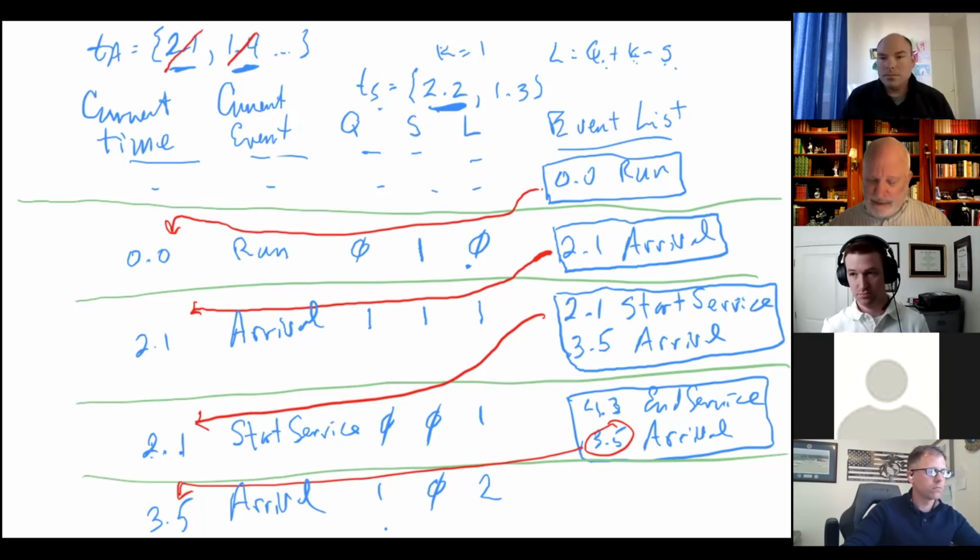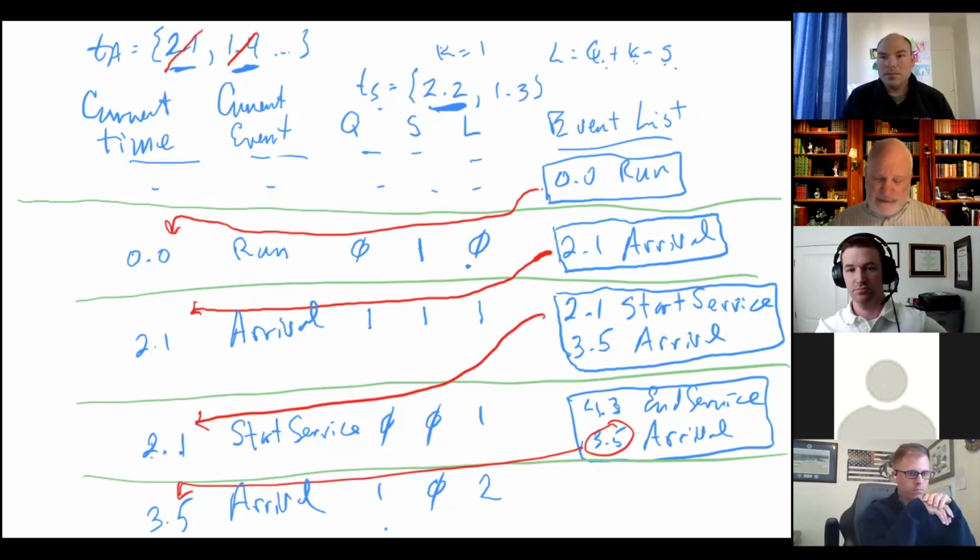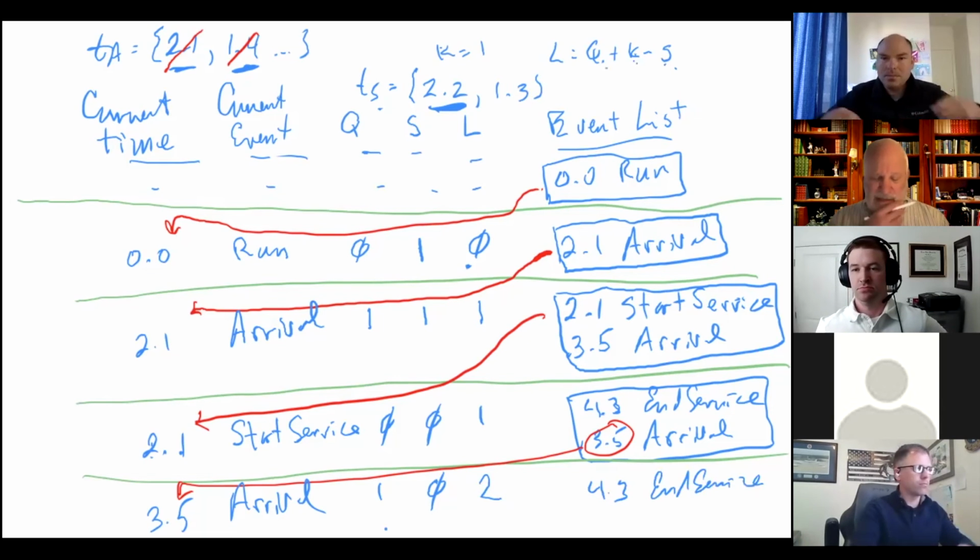Okay, so I've run out of room here, so I'm going to need to go to the next page. But wait, let's go back. Oh yeah, okay, so 3.5 arrival. We need to finish this. So we still have the end service event on the event list.